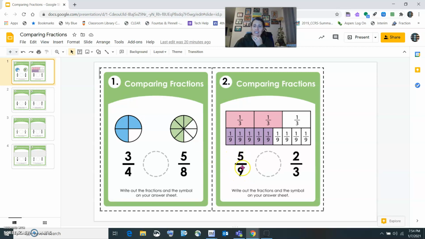So now look at this next one. We have 5/9 and 2/3. And when we're looking at it, sometimes we have a tendency to just look at the numerator and say, oh, that's bigger. But the trick to remembering is with fractions, we learned this probably in 2nd grade, maybe 3rd grade, the bigger the denominator, the smaller the piece.